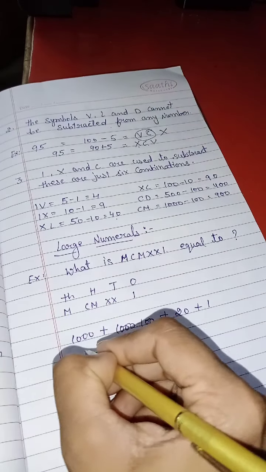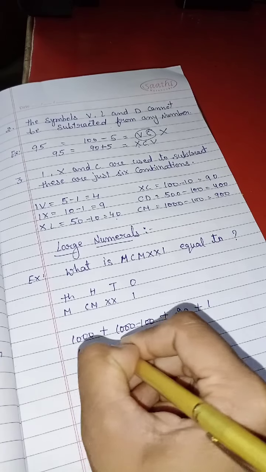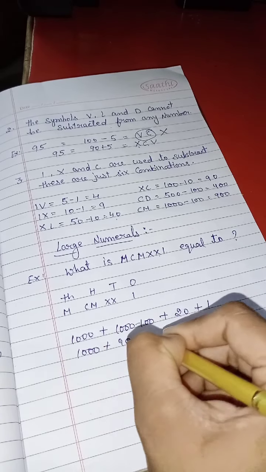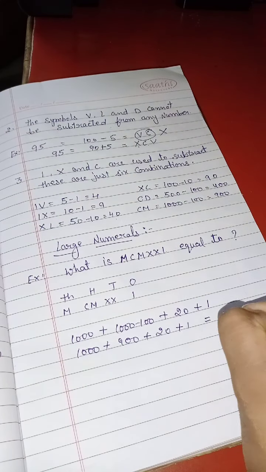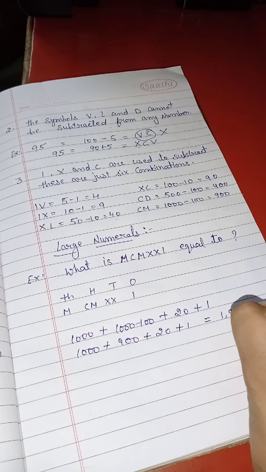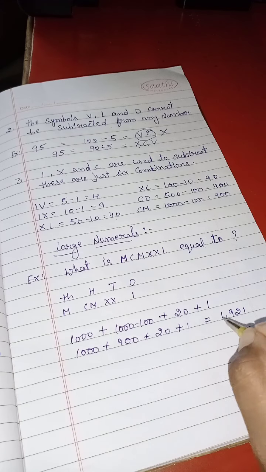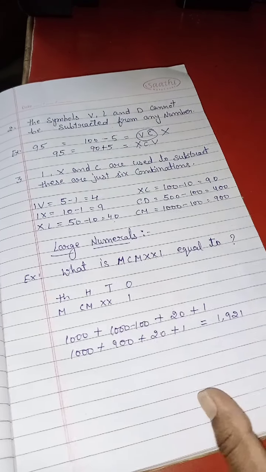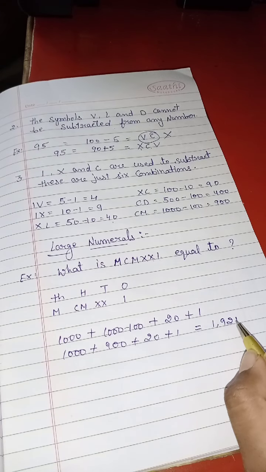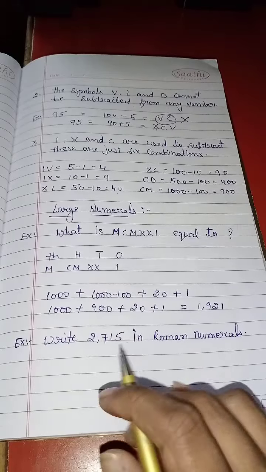So 1000 plus 900 plus 20 plus 1 is equal to 1921. So MCMXXI is equal to 1921.